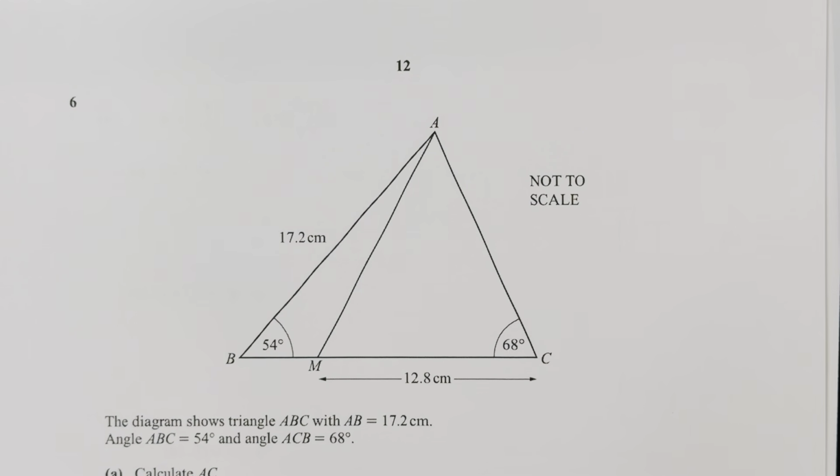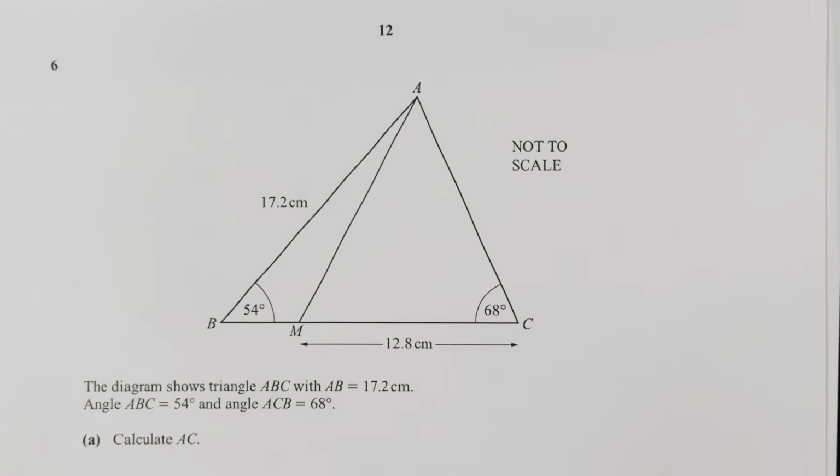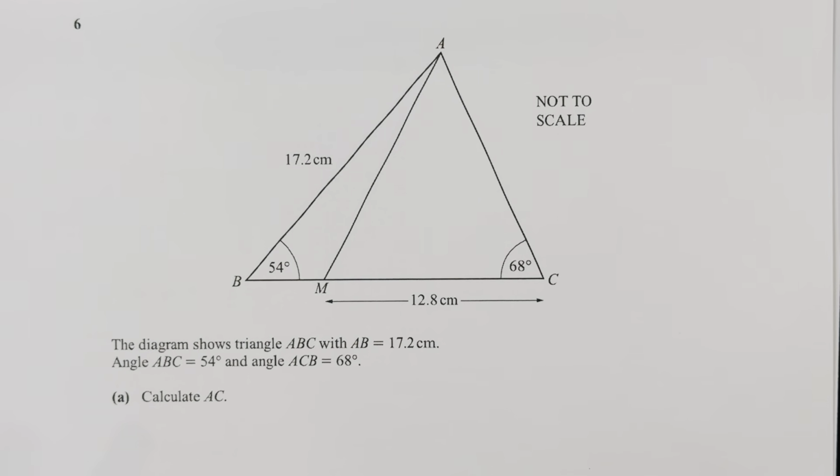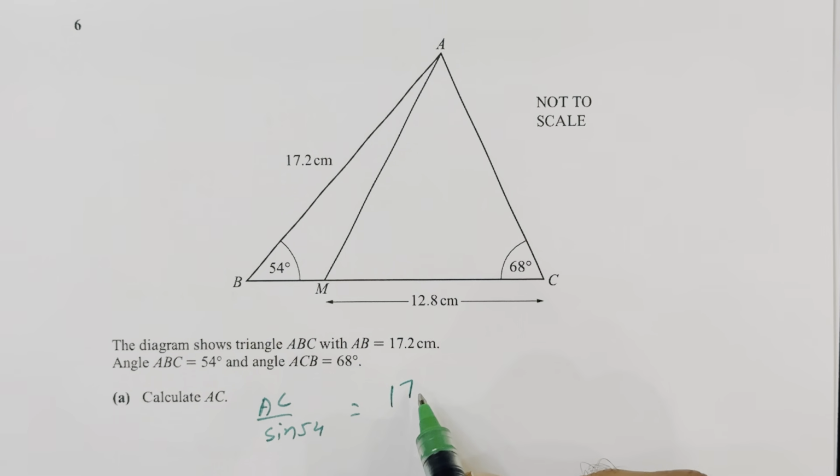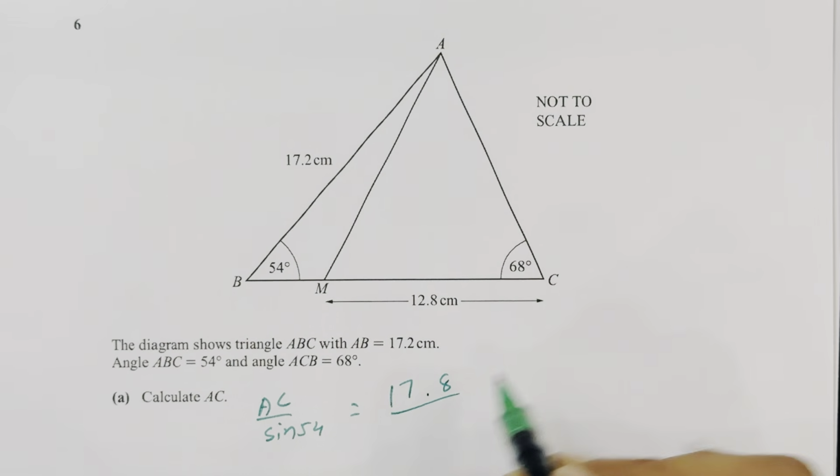The diagram shows triangle ABC with AB equal to 17.2. Angle ABC is given, that is 54, and angle ACB is given, that is 68. Calculate AC. We have to find the value of AC, and we know that AC over sine 54 would be equal to 17.2, that is the value of AB, over the angle in front of it, sine 68.